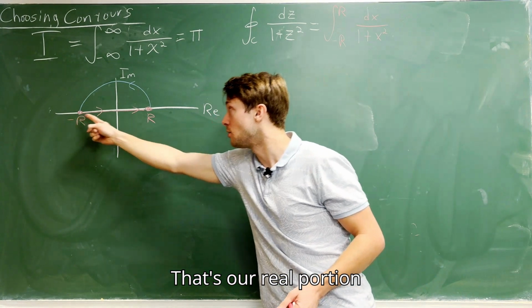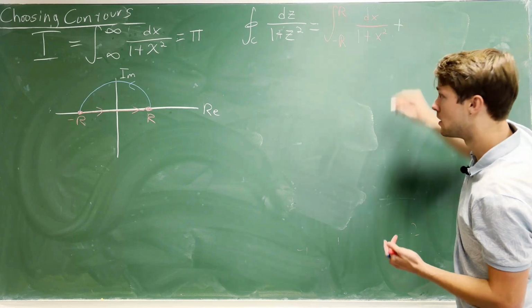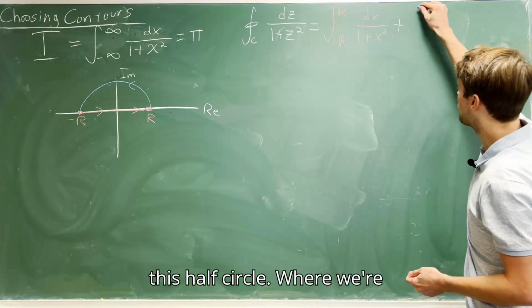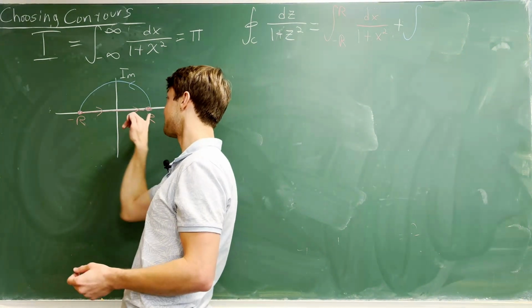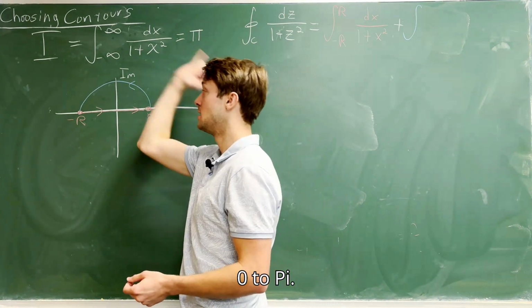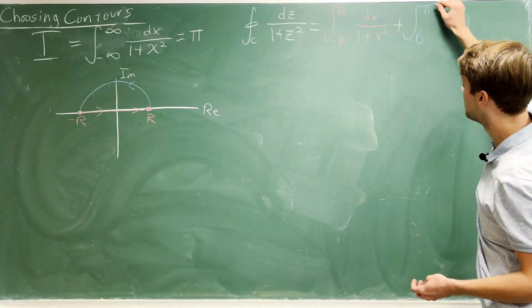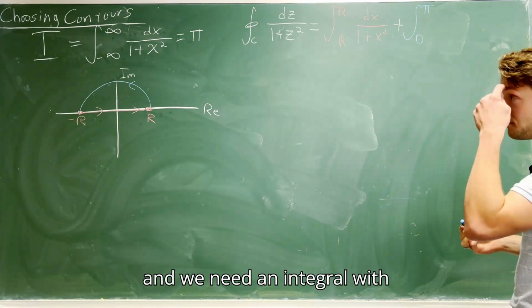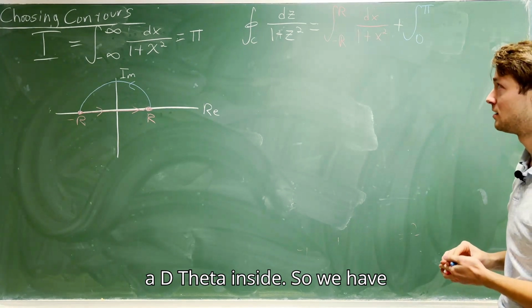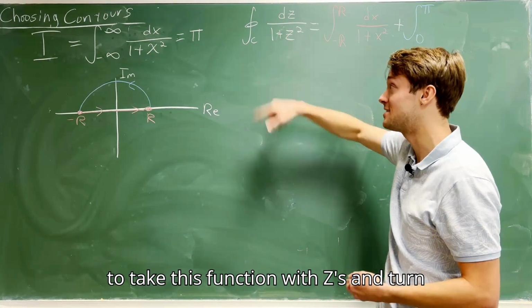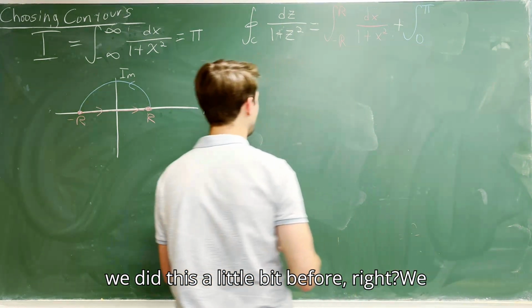That's our real portion of this integral, plus this half circle, where we're integrating from theta equal to 0 to pi. And we need an integral with a d theta inside. So we have to take this function with z's and turn it into a function with thetas. And we did this a little bit before, right?